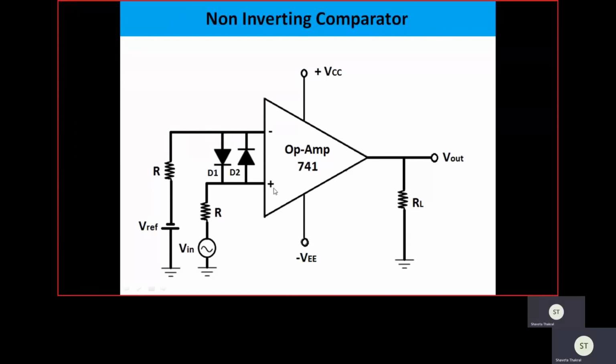If the signal at plus is greater, then the output generated here will be plus V saturation. And when plus becomes less than minus, that means V reference is greater than the input voltage, or we can say V input is less than V reference, in that case the minus signal becomes greater than the plus signal and the output generated here will be minus V saturation.